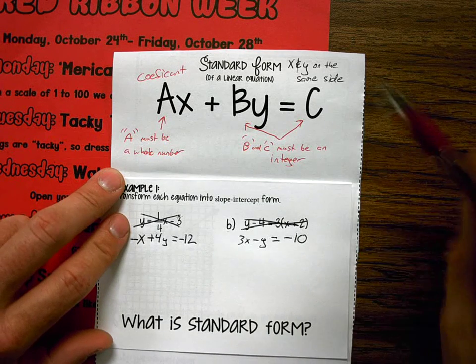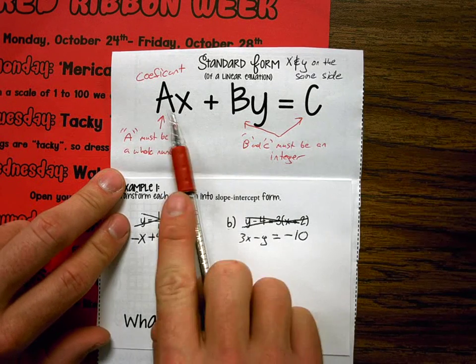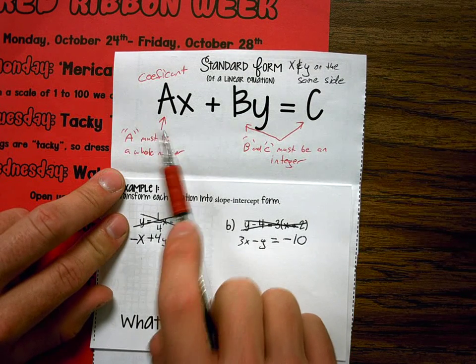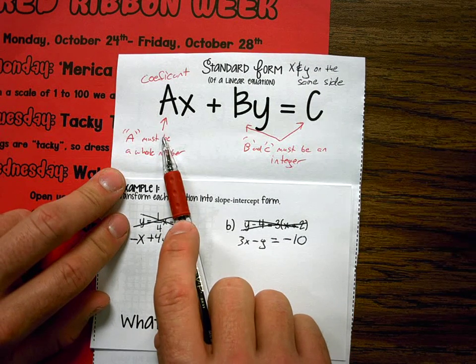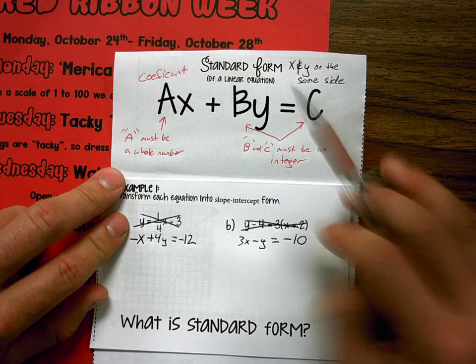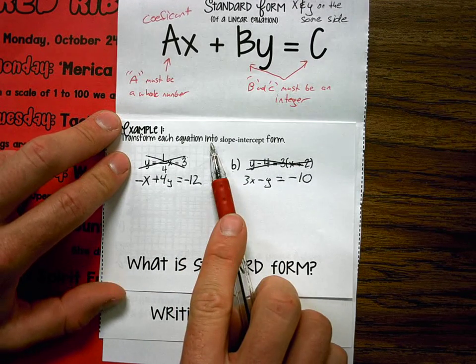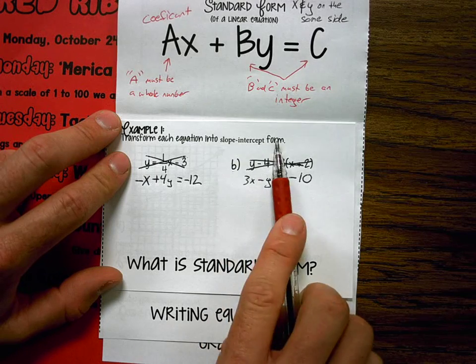Okay, so standard form, x and y are on the same side. We're used to seeing slope-intercept form with y being all by itself, and it looks like y equals. Now, transform each equation into slope-intercept form.